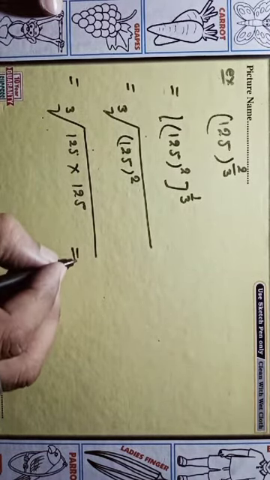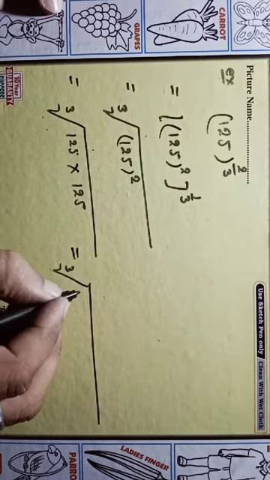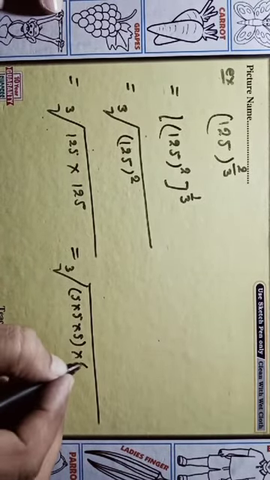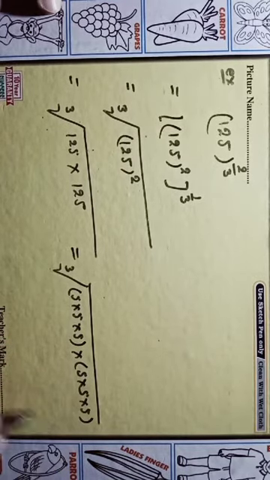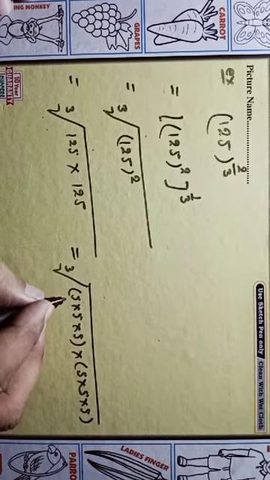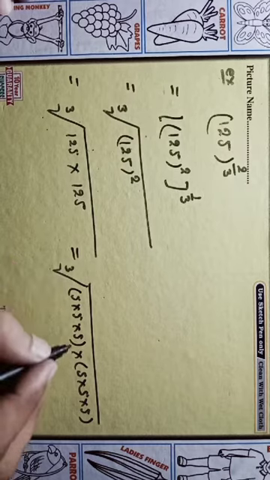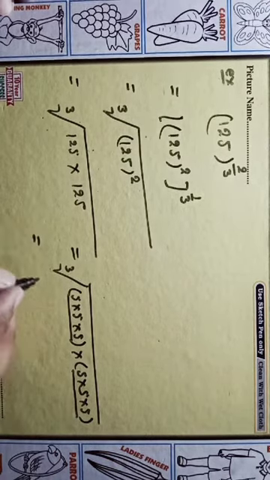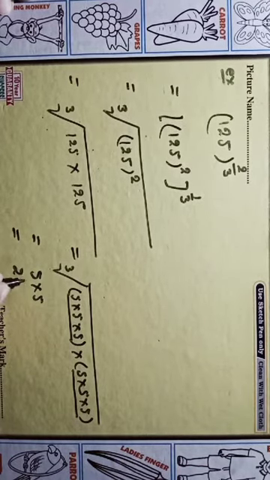Now make the prime factorization of 125: 5 into 5 into 5, and again 5 into 5 into 5. Here the index is 3. Now make groups of 3, so this value becomes 5 into 5, which is equal to 25.